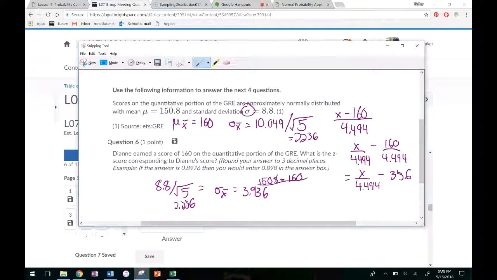I got 2.236 for the square root of 5, so maybe that's it.